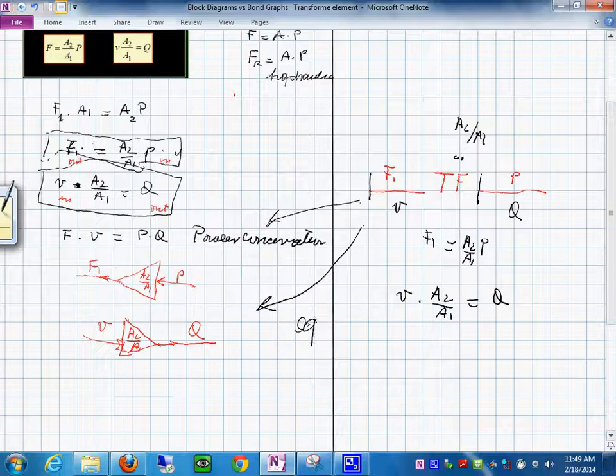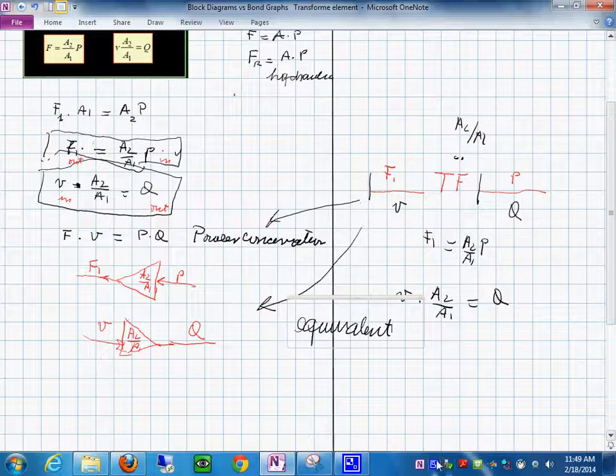These are equivalent, and we see the transformer equivalency between the block diagram and the bond graph.